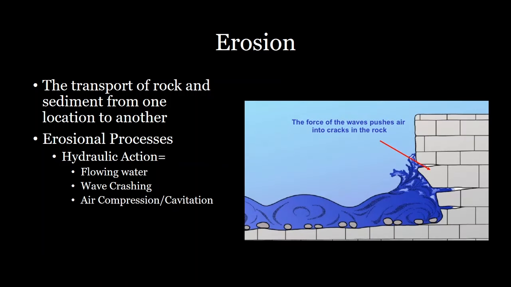Hydraulic action also involves air compression. So whenever you have a crack in a rock, that crack is filled with air, but as a wave or a river flows quickly into that crack, that air is trapped, and it can experience really high pressures, and that pressure can cause the air to shoot out or apply pressure to the rock.